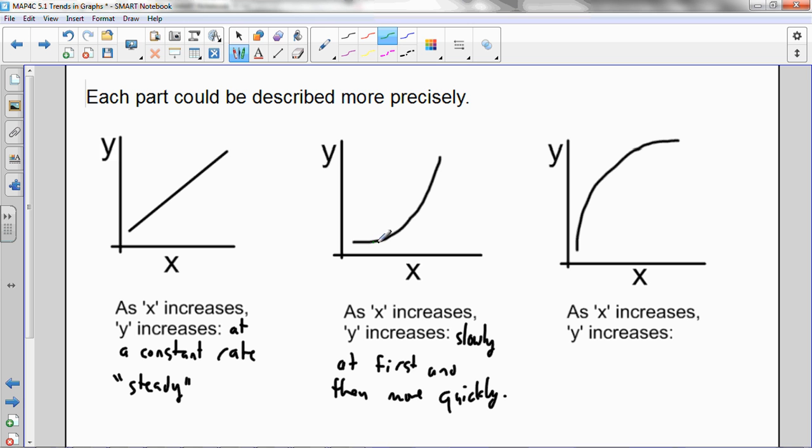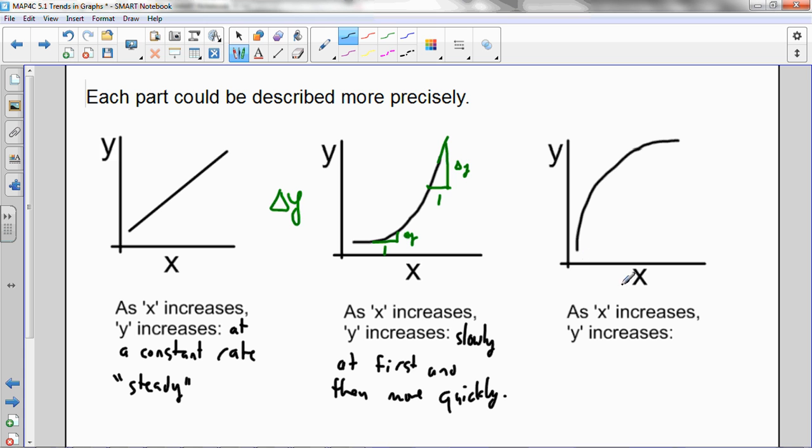Notice that if I'm thinking of maybe 1 hour gone by, at the start, the distance from home has only changed a little bit, and that's the change in y there. At the end, the same horizontal distance, the same hour that's gone by, the distance from home has increased by a whole bunch. So it increases slowly at first and then more quickly.